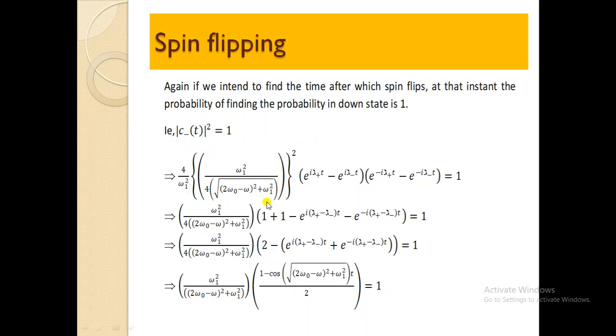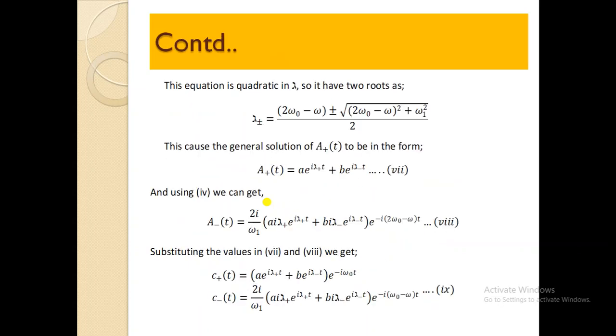In place of lambda 1, what is there? In place of lambda 1 there is 2 omega naught minus omega, and lambda minus is 2 omega naught minus omega minus root under (2 omega naught minus omega) whole square plus omega 1 square, all upon 2, and in place of plus there is plus, so you can multiply directly.